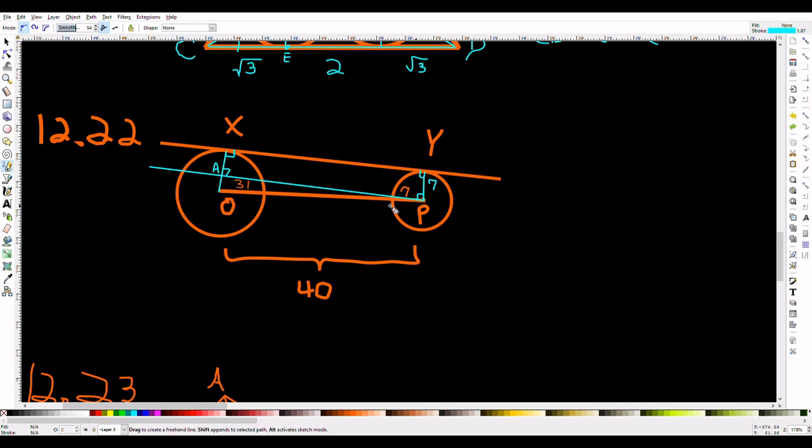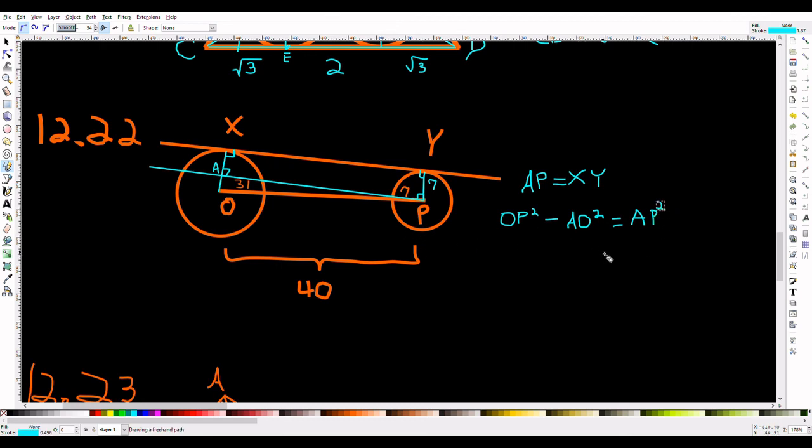So in our diagram, AP equals XY. And we can find AP using the Pythagorean theorem. It's OP squared minus AO squared.